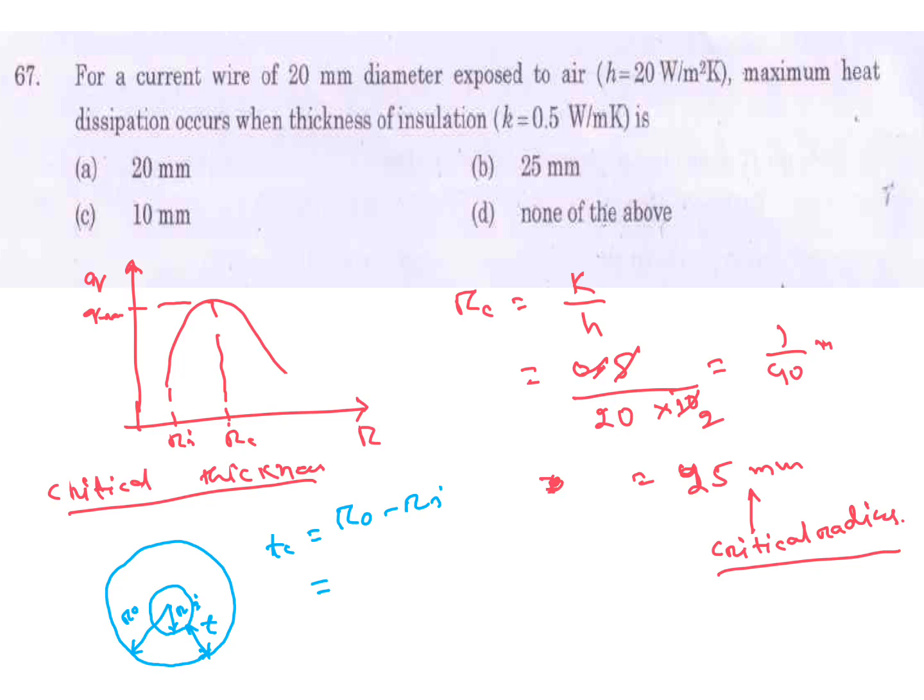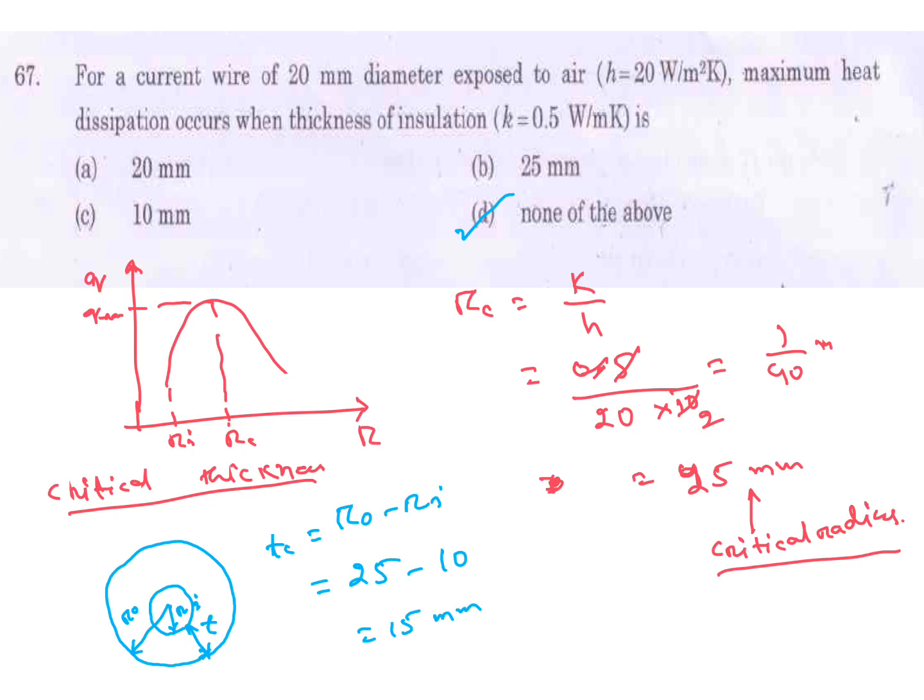So in this case we got RO 25 minus diameter given 20 mm, divided by 2 is 10 mm. 15 mm is our answer, but from the options this is none of the above.